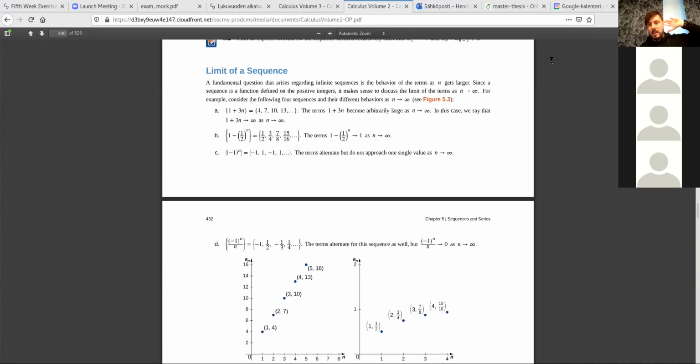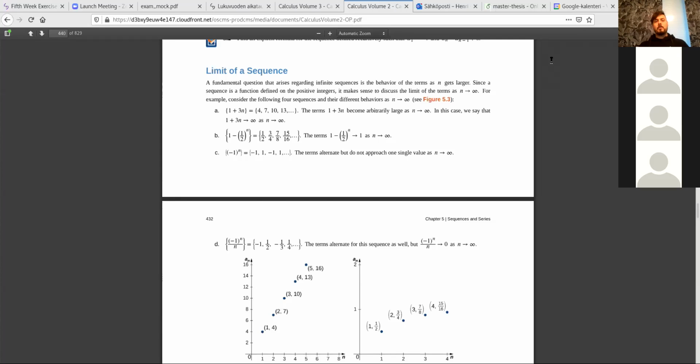And as n goes to infinity, you get larger and larger values all the way to infinity. So we say that the limit of the sequence doesn't exist, or that the sequence diverges, meaning that it goes to infinity, and there is no limit that it approaches as n approaches infinity.